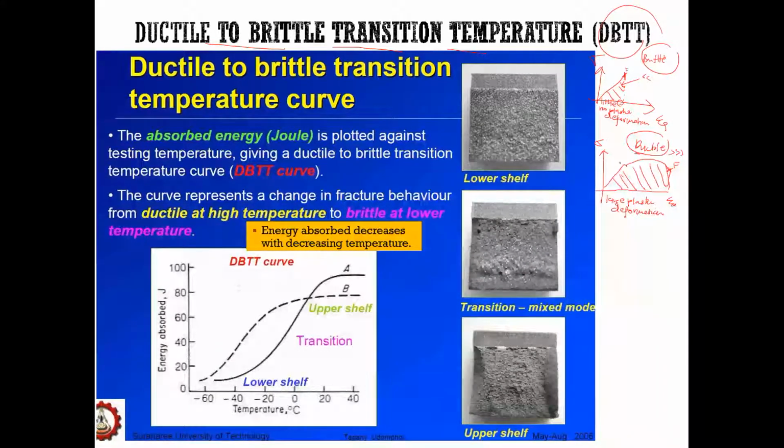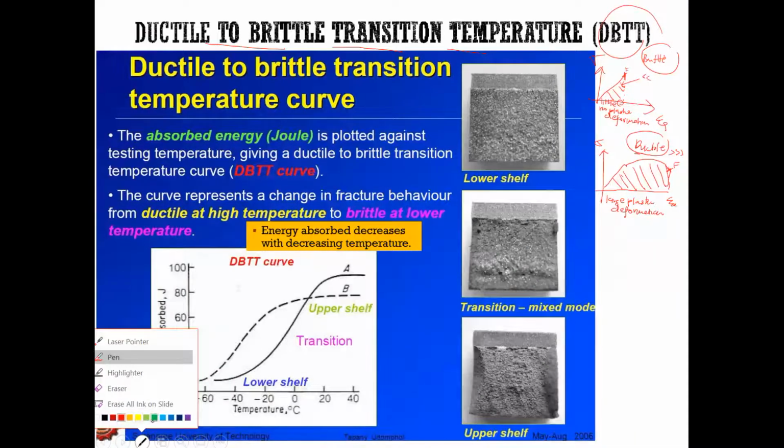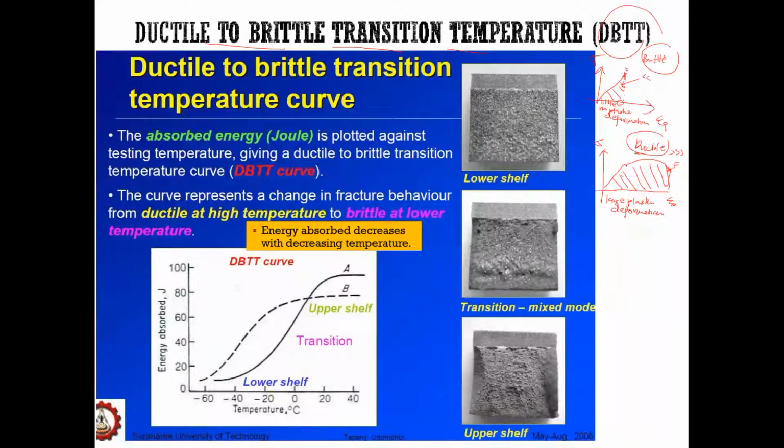Sometimes a ductile material can be brittle at a low temperature. These ductile materials can be brittle at low temperature.